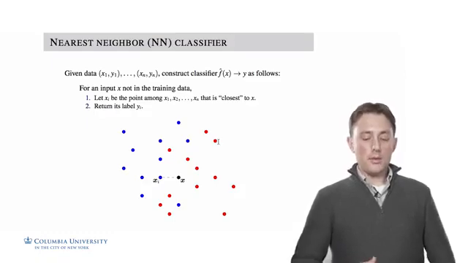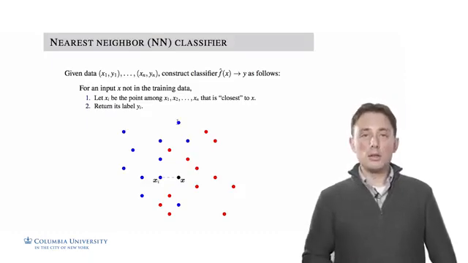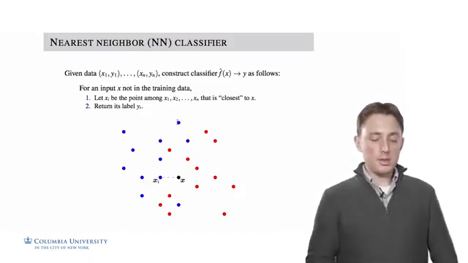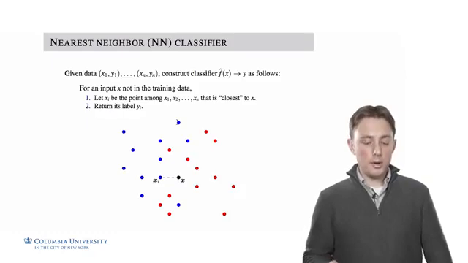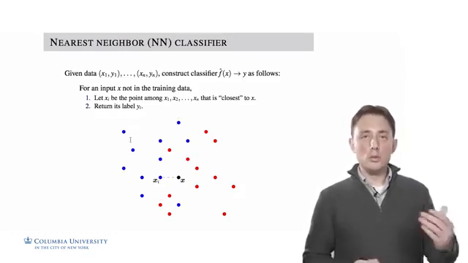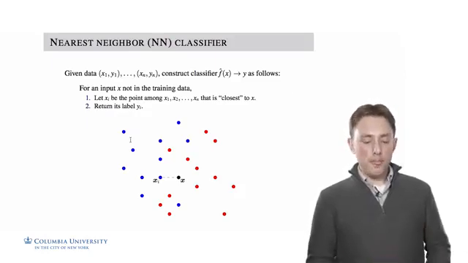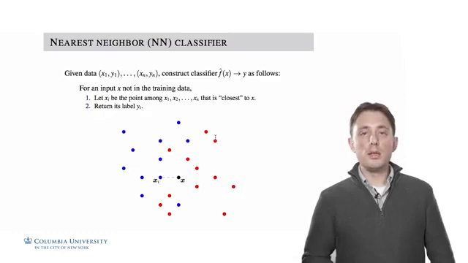And then the corresponding label for this data set is shown as the color assigned to the points. So for example, this is a two-class classification problem. All of the points that are colored blue belong to one of the two classes. We call it class 0. And all of the points that are colored red belong to the other class, call it class 1.